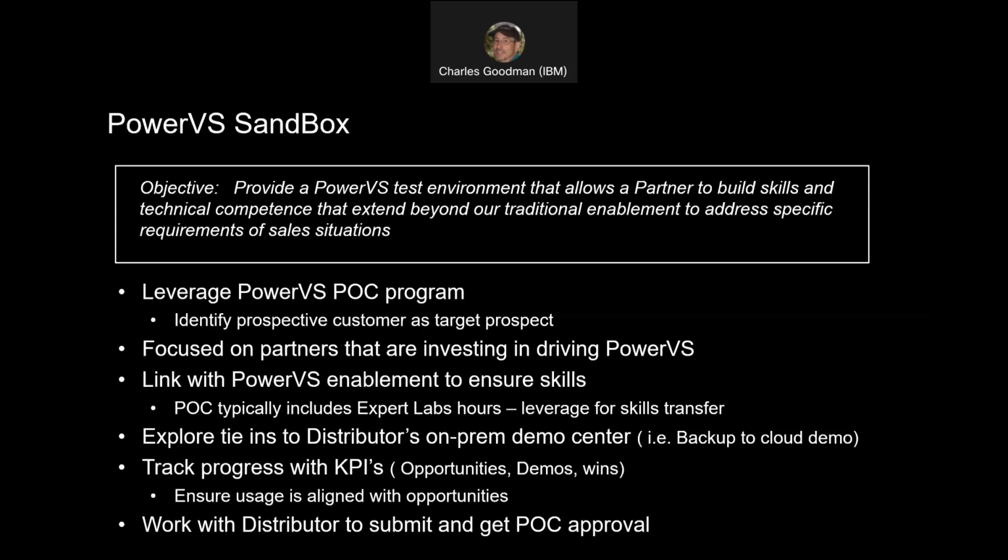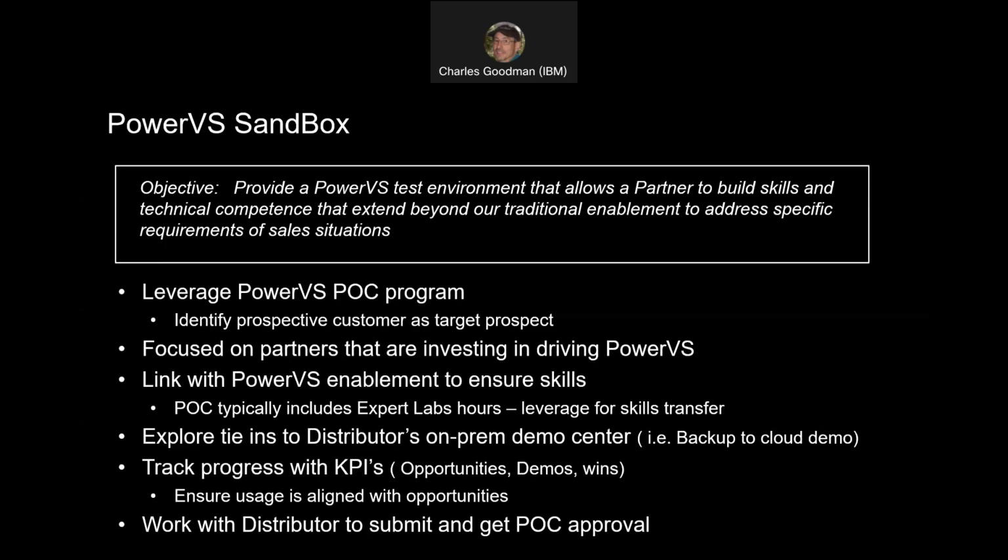So if you have a customer that you think is a good suspect for Power VS, but you want to get some hands-on experience before you go talk to them, come to us, and we'll set up a proof of concept for that customer and get you set up on our Power Virtual Server so you can go in and get hands-on experience working on this.